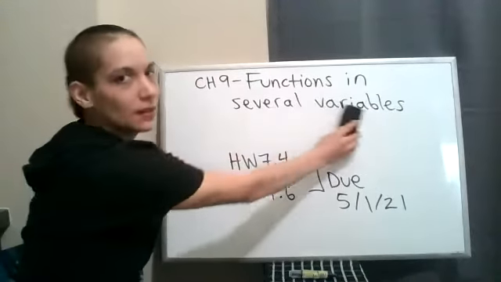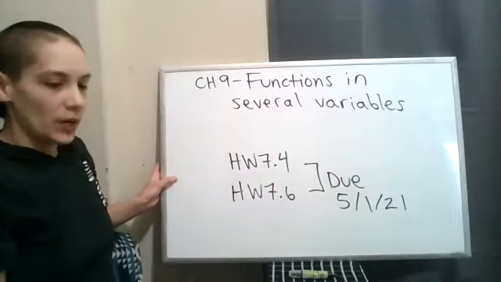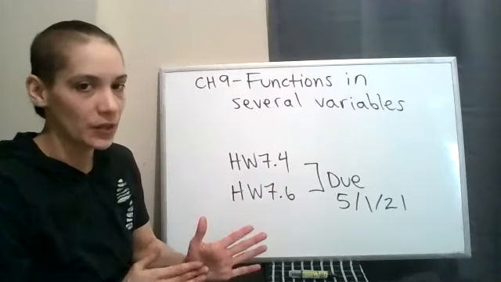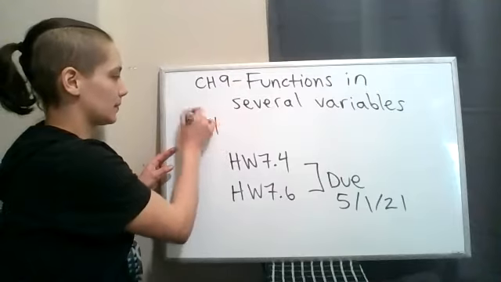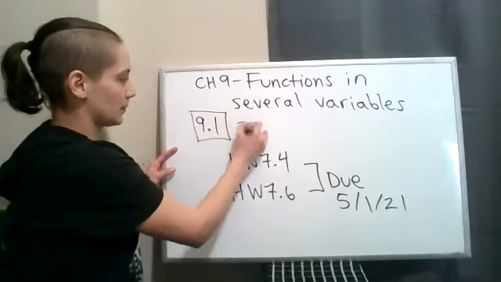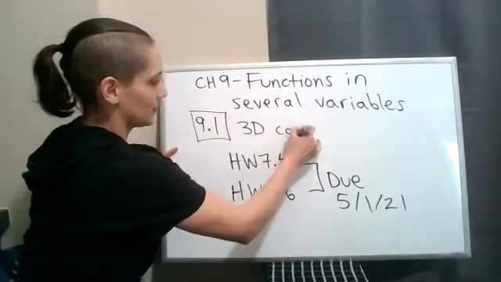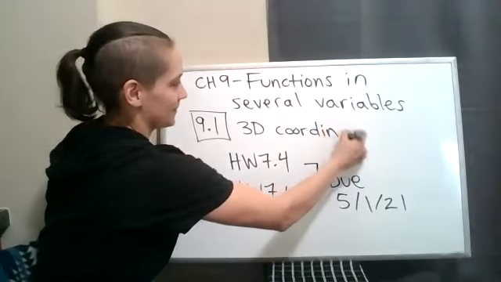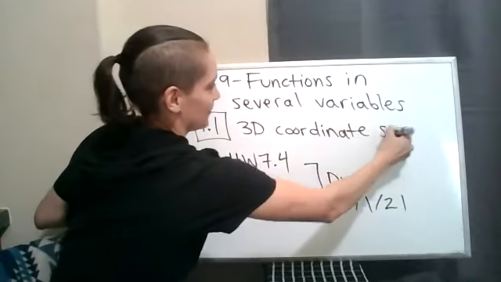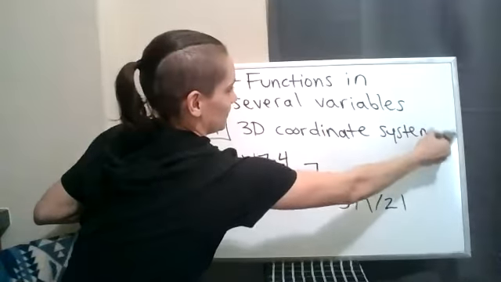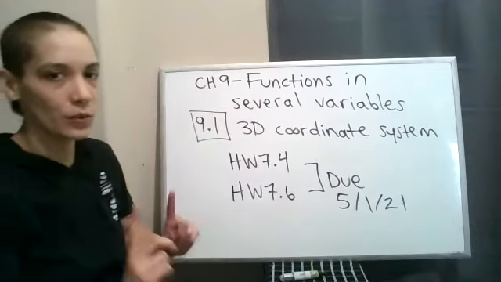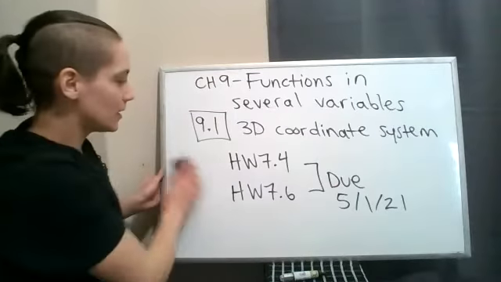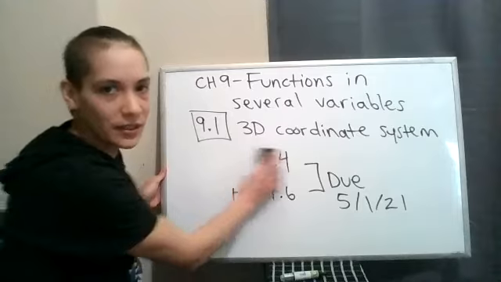Cool. 9.1 is the 3D coordinate system. So a lot of things we've done in 2D still work in 3D. We'll just add an extra dimension.